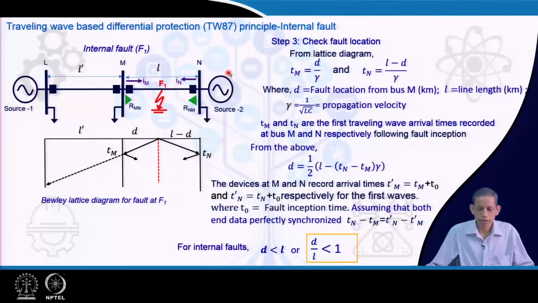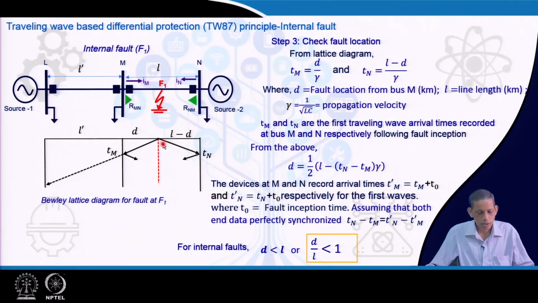So, in the next check, the security check for differential protection using travelling wave, we have a fault location based check. We are discussing internal faults. So, let us see that this F 1 position is the internal fault within the line M N. Whenever such a fault happens, current wave will traverse left hand side and right hand side.